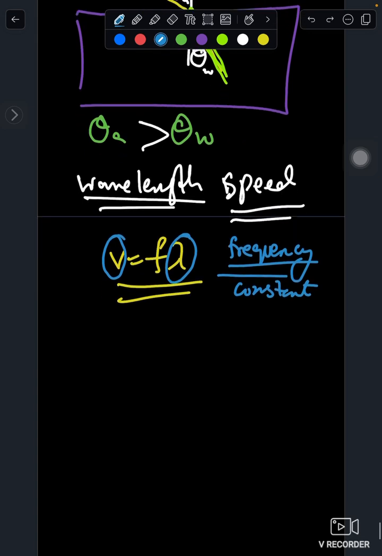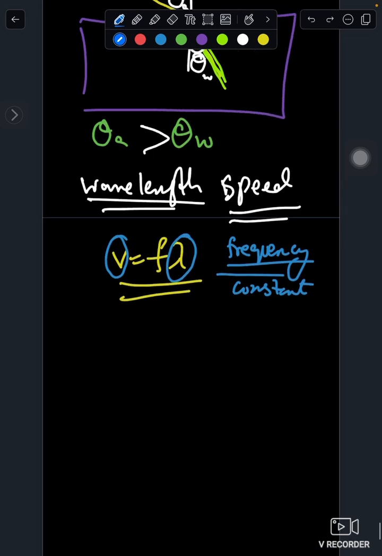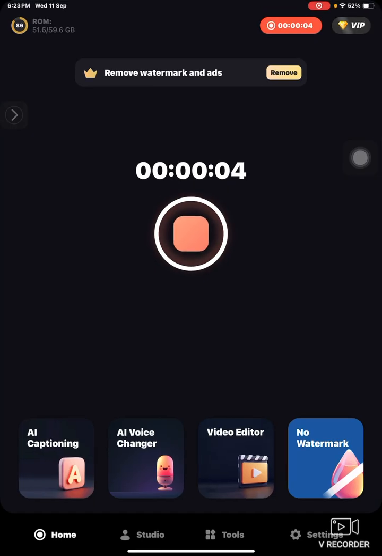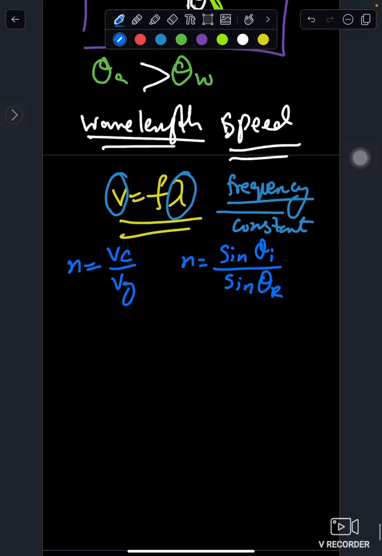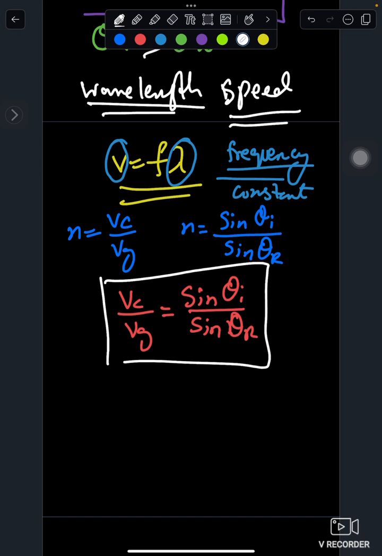So then what do we talk about? When we talk about n equals VC over VG, and n equals sine theta I over sine theta R, we combine these two equations: VC over VG equals sine theta I over sine theta R. This can be used to find either of them.